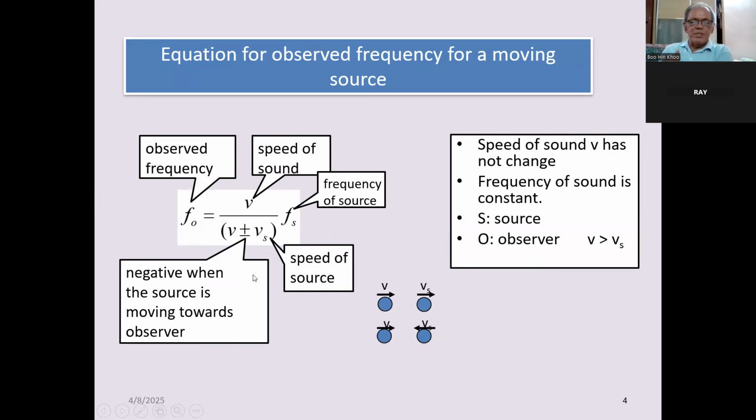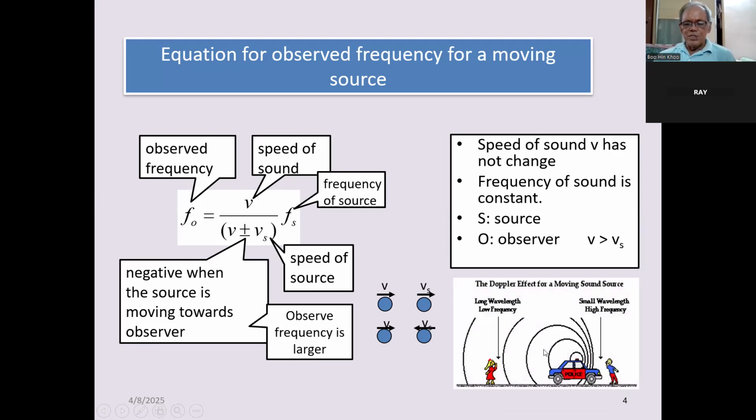If the source is moving towards the observer, the speed of sound and the speed of the source are in the same direction. That's why you choose negative. Or you use this picture to help you. It's moving towards the observer, so the wavelength is shorter and the frequency is higher.